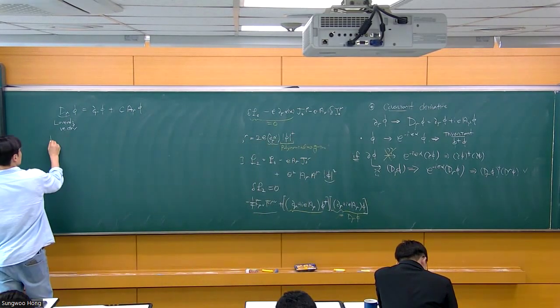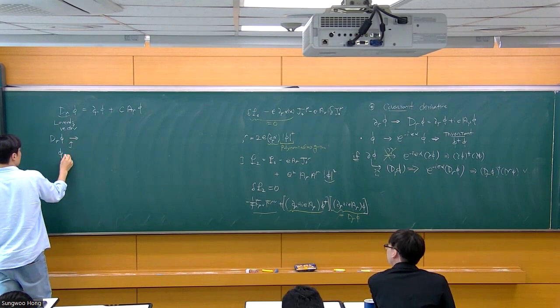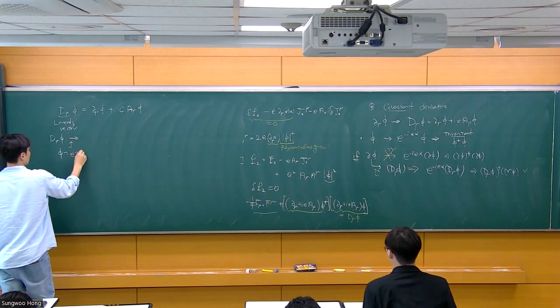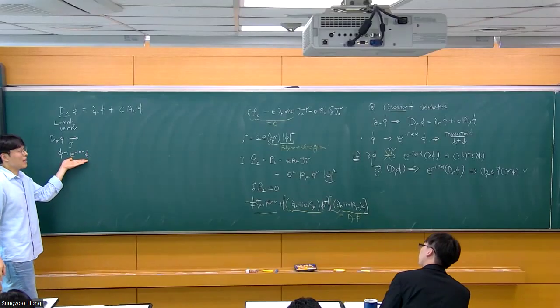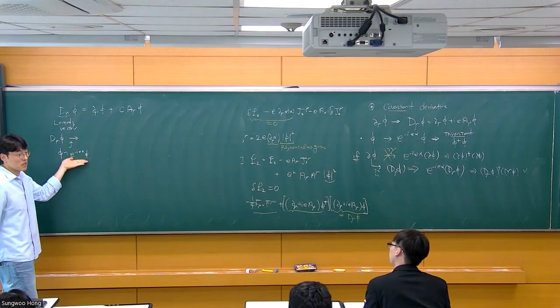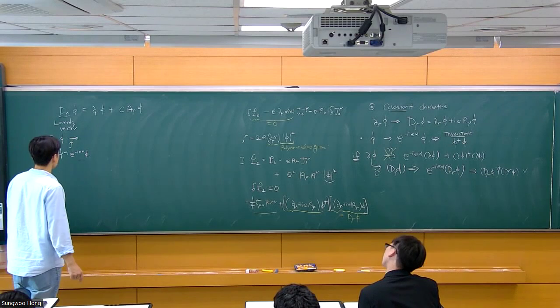So let's do it. Phi goes to e to the minus i e alpha phi. There was a question: I'm not looking at an infinitesimal transformation, but a finite transformation.